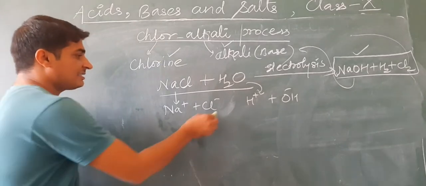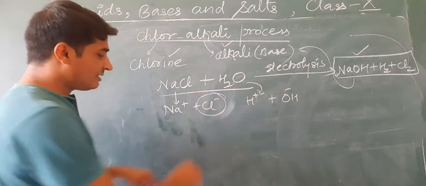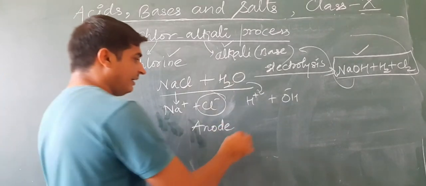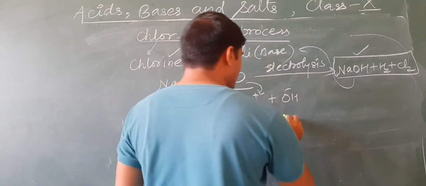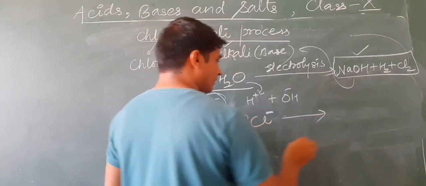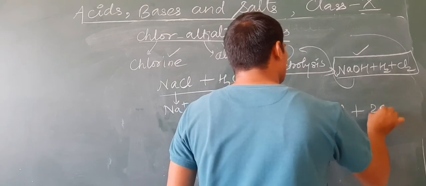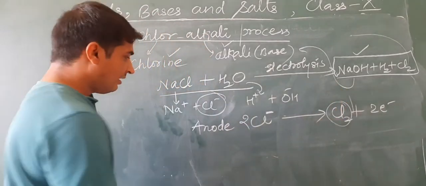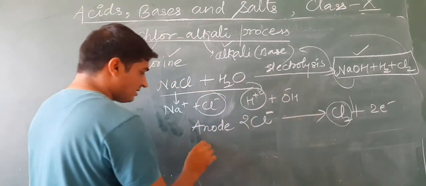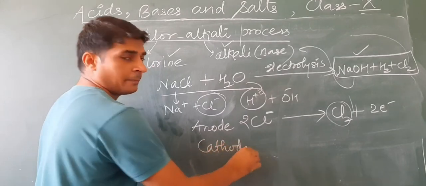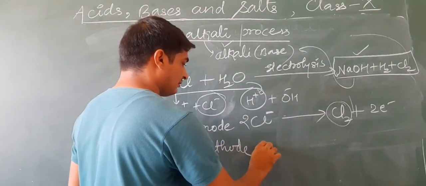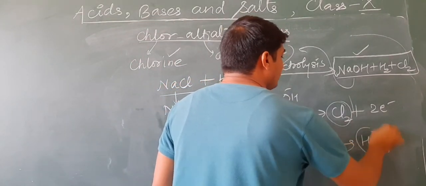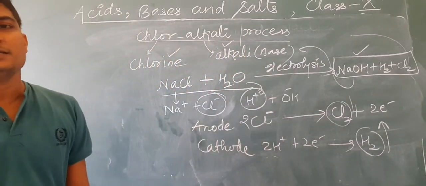The Cl- ion moves towards the anode, the positively charged electrode, and loses electrons: 2Cl- gives Cl2 plus 2 electrons, and chlorine gas is released at the anode. The H+ ions move towards the cathode, and 2 H+ ions gain 2 electrons and convert into H2.